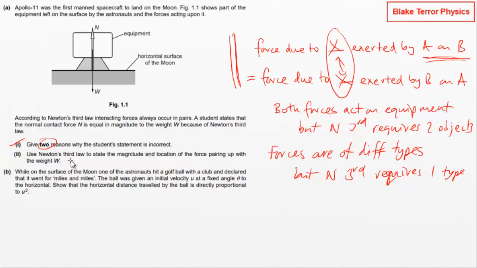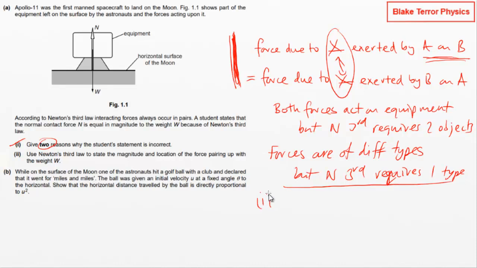Use Newton's third law to state the magnitude and location of the force pairing up with the weight W. Right, okay, so we can use this approach at the top.